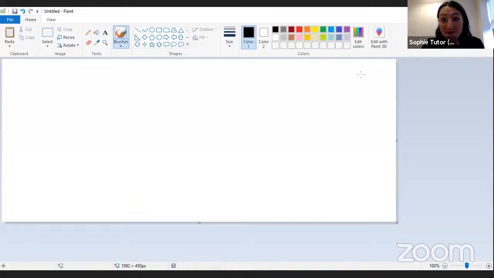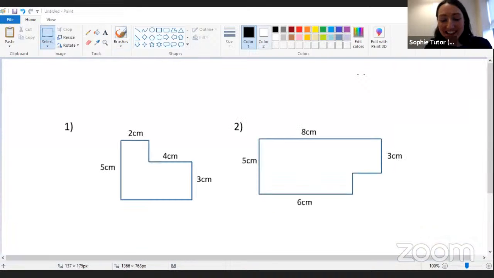You'll see the whiteboard coming up in a second. What hopefully you can see now, assuming all technology is working, is the two pictures, but they're now on a whiteboard rather than on the actual screen. So we're going to have a little bit more of a play.